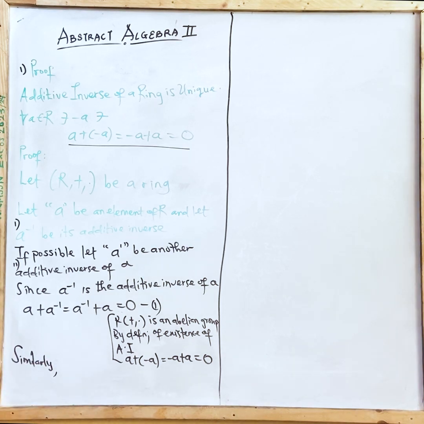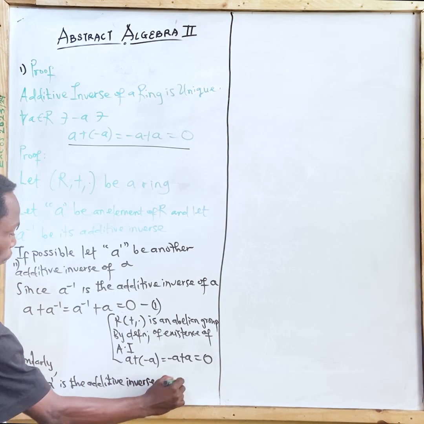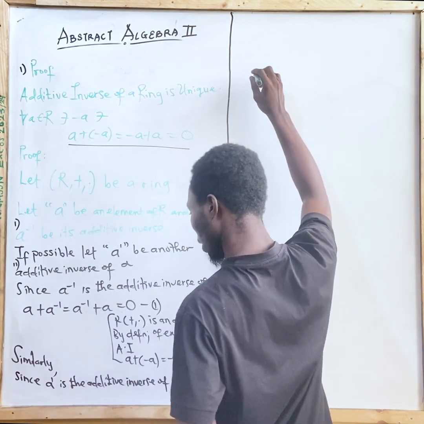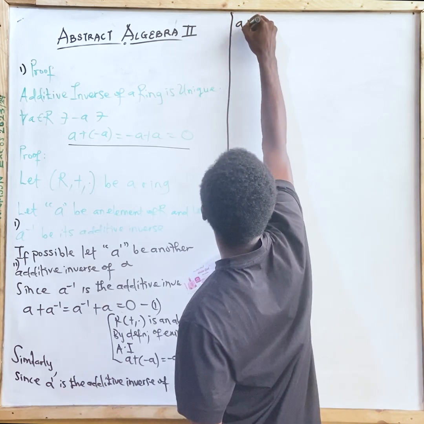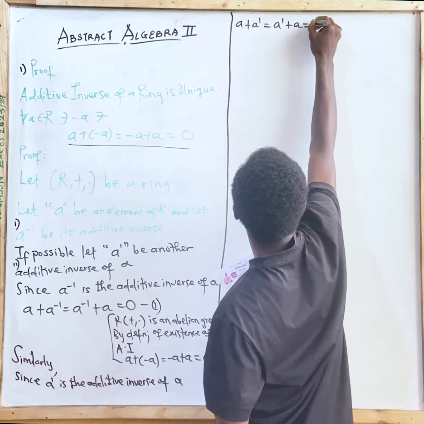Similarly, I'm also going to do the same thing for this. Let's say A prime is the additive inverse of A, then by definition, A plus the additive inverse of A equals 0.